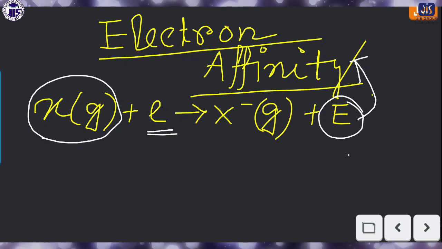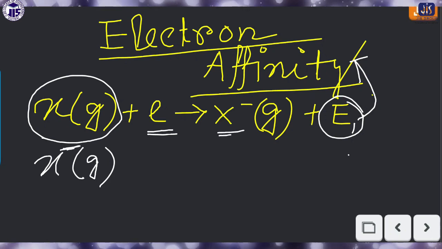Now, if this is E1, then what happens in the second step? If we continue the process, we can write X minus in gaseous state, because we are taking this anion in the second step, and again we want to add one electron.